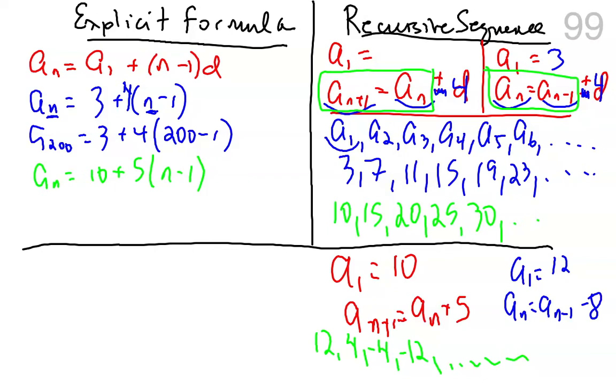Very good. Okay. Now let's do an explicit formula for this one in green, starting with the 12. Okay, ready?